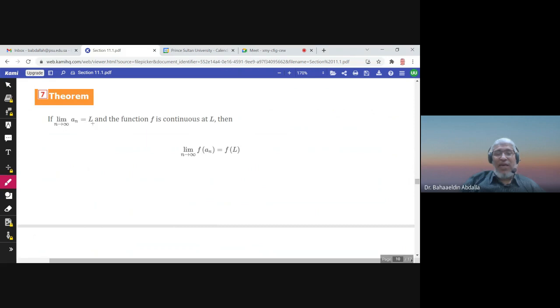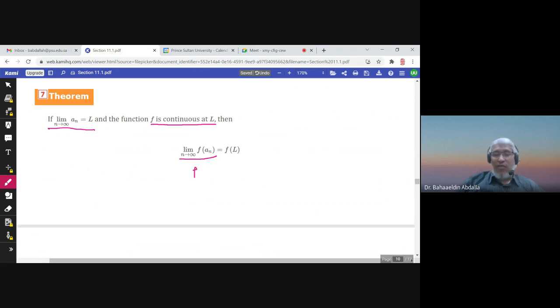If the limit of an is L and the function f is continuous at L, then the limit of f of an is f of L. So in fact, this theorem gives you a way to find the limit of f of an. How to find the limit of f of an?